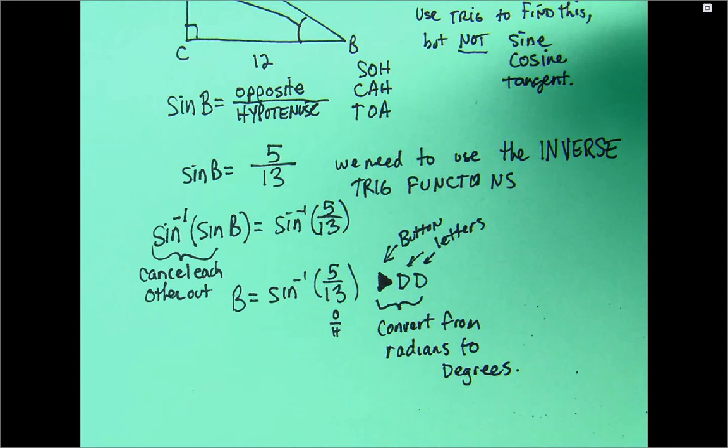And you're not going to until we start talking about that. But let's jump to a calculator. And so we know the inverse sine of 5 over 13 is equal to angle B. So I'm going to get out of here and I'm going to jump into my calculator.